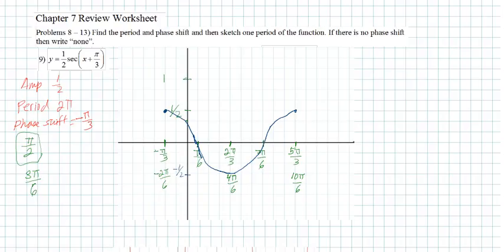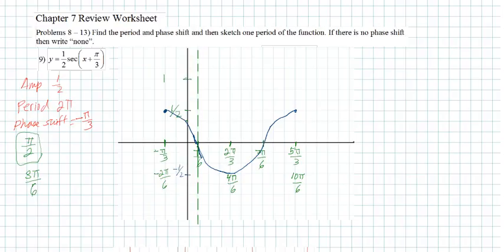So again, remember the asymptotes have to be at the x-intercepts. So we draw our asymptotes at the x-intercepts. So the first asymptote is going to be right there. And just kind of cut it a little bit.